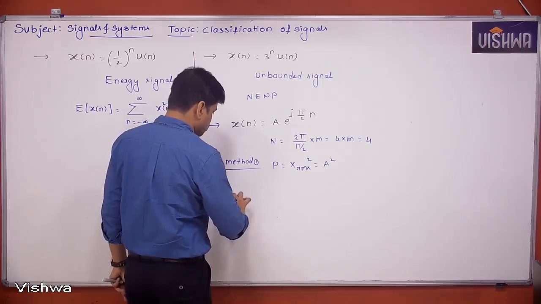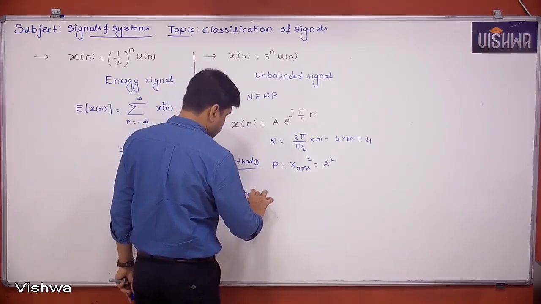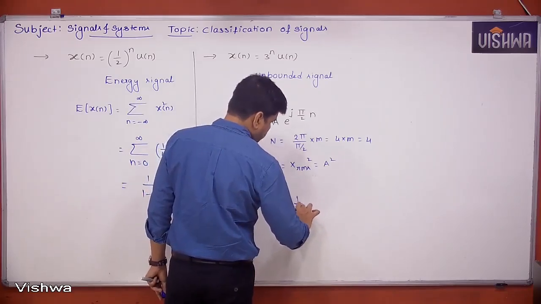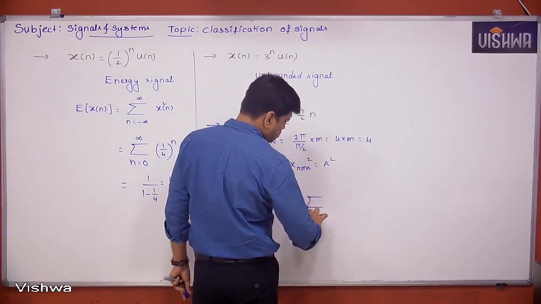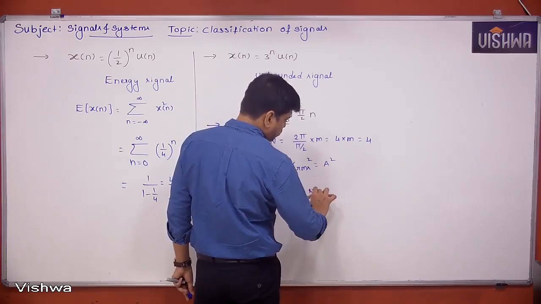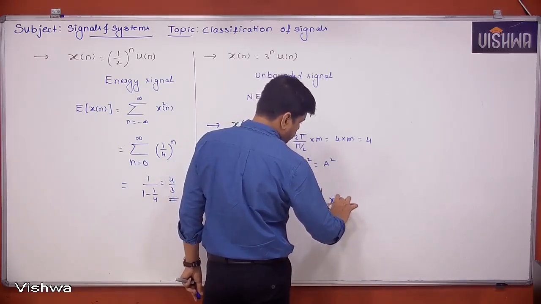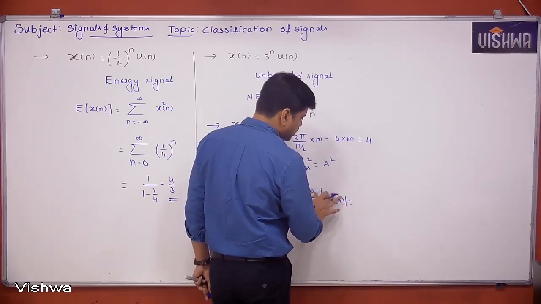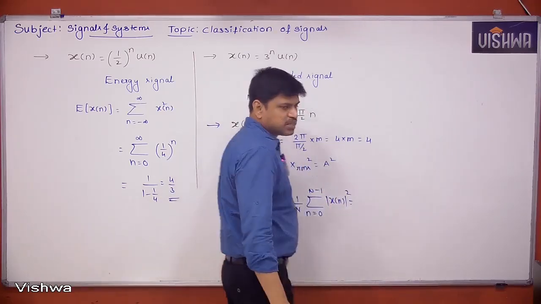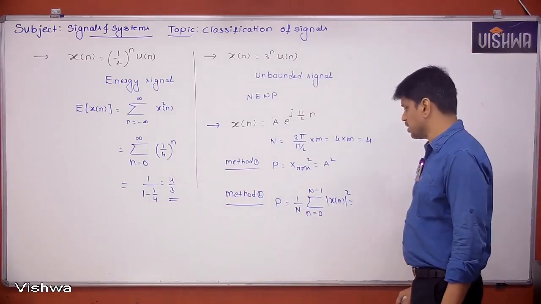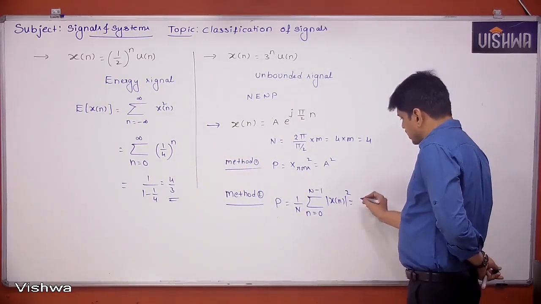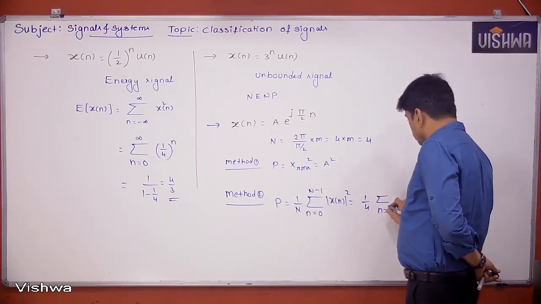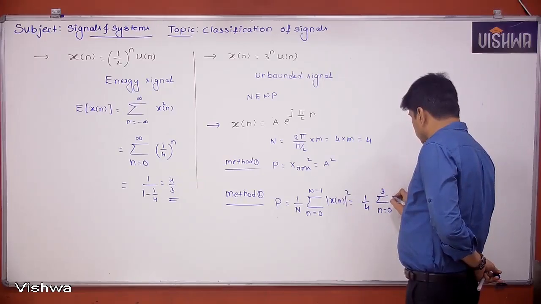Let's say method 2, where the x RMS value can be found. P is equal to 1 by N summation n is equal to 0 to N minus 1 mod x of n square. Why do we have to take mod x of n here instead of only x of n? Because it is a complex signal, modulus is mandatory. Now if I try to find this, let's say 1 by 4 summation n is equal to 0 to 3 mod x of n square.